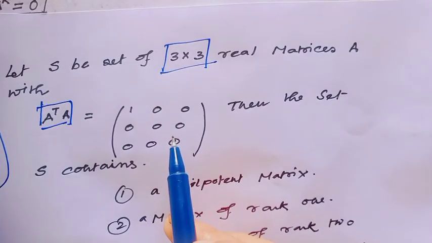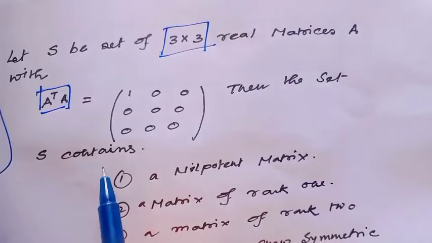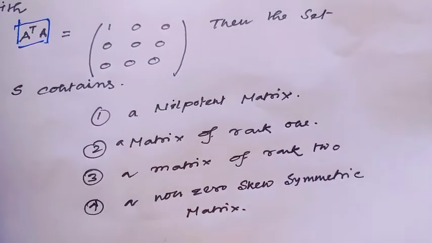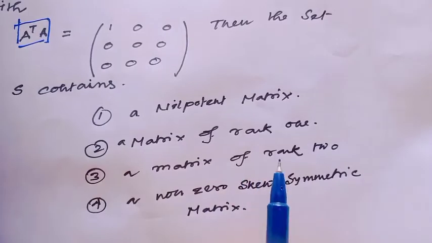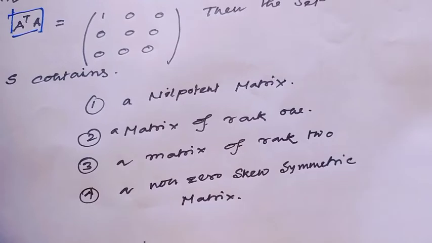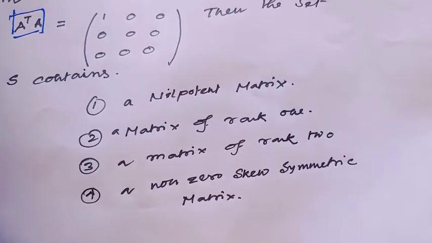Then the set S contains: option 1, a nilpotent matrix; option 2, a matrix of rank 1; option 3, a matrix of rank 2; and option 4, a non-zero skew symmetric matrix.